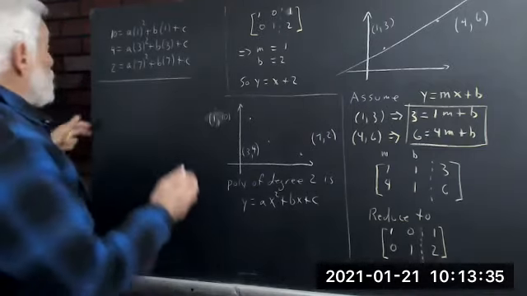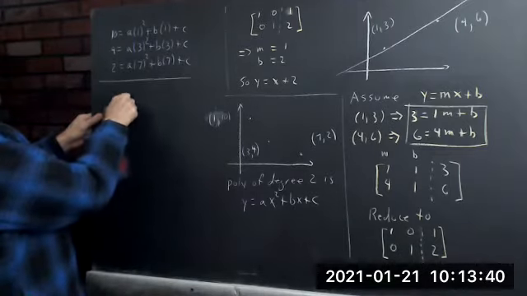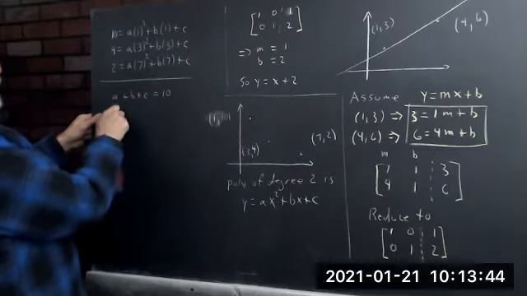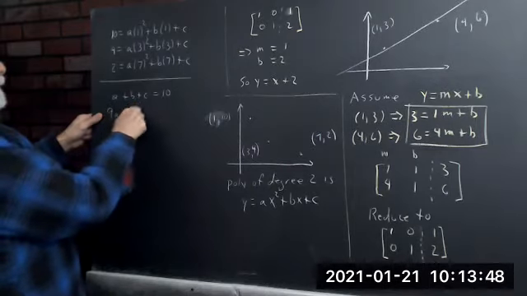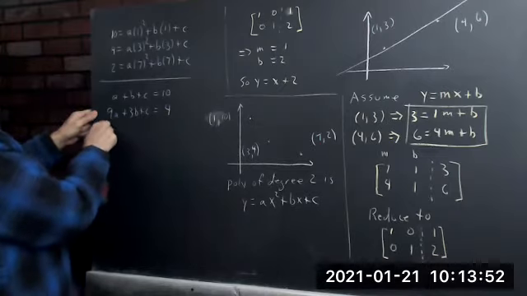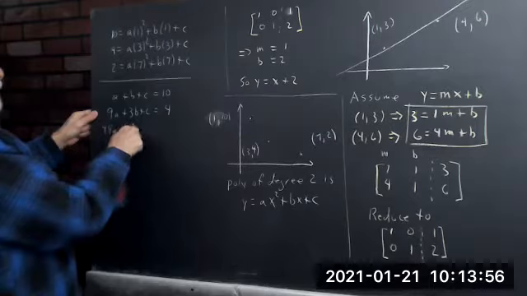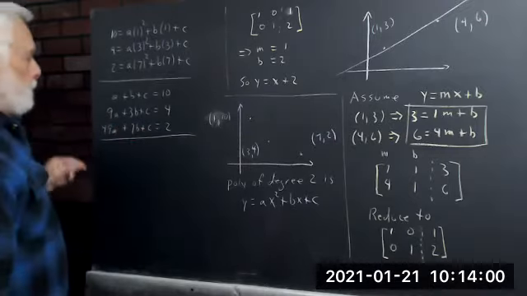Then we do the arithmetic, and we get a plus b plus c equals 10, 9a plus 3b plus c equals 4, and 49a plus 7b plus c equals 2.